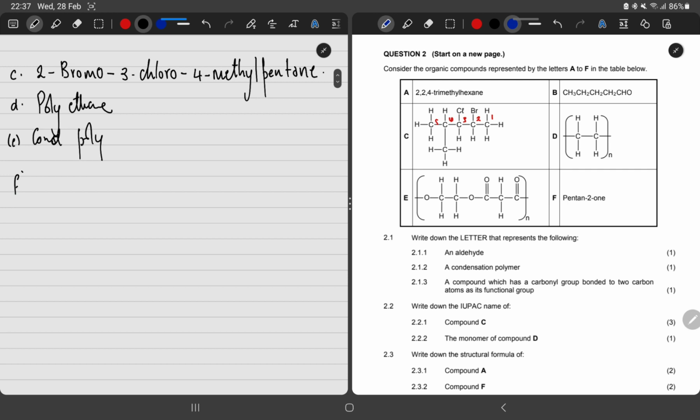And then now we'll look at letter F. Pentan means 5, so I'm going to have 5 carbons. I'm going to number my carbons 1, 2, 3, 4, 5. And then we are saying at number 2, we have an -one, so that is a ketone.